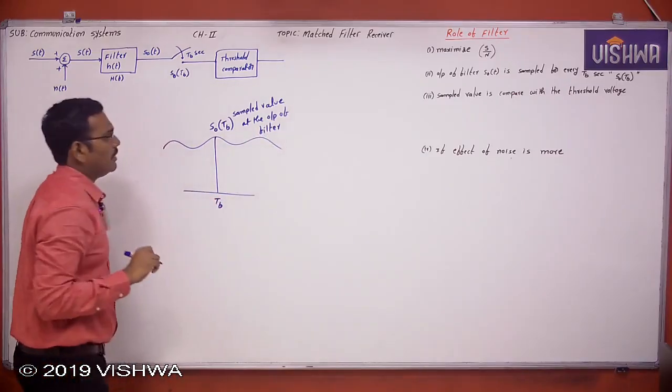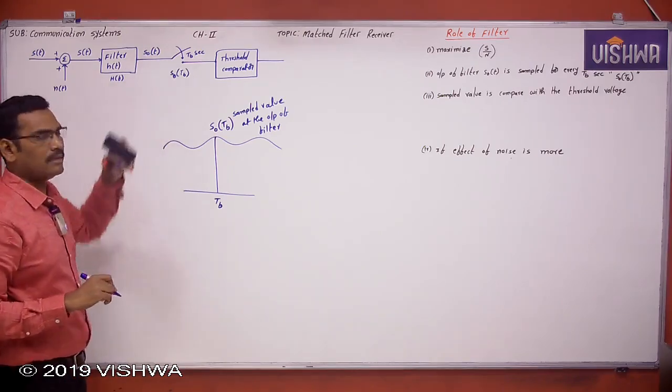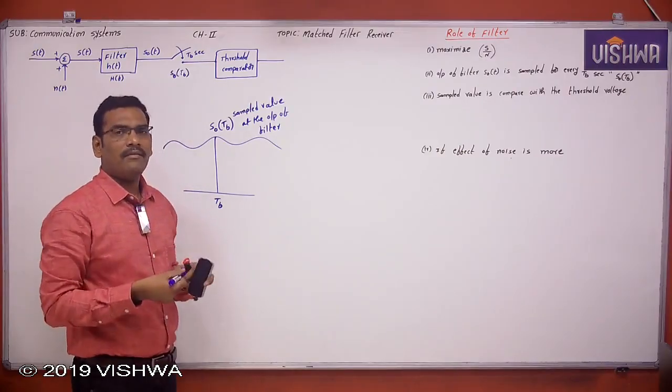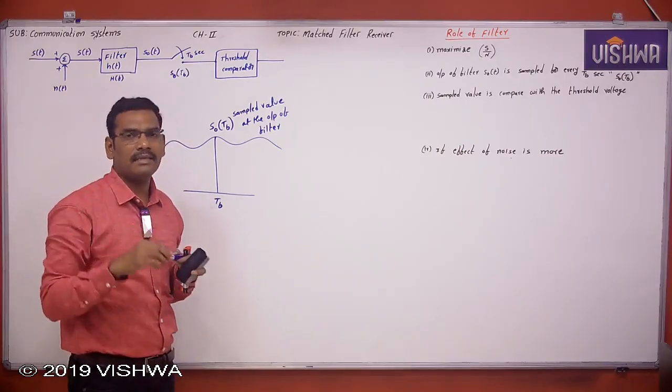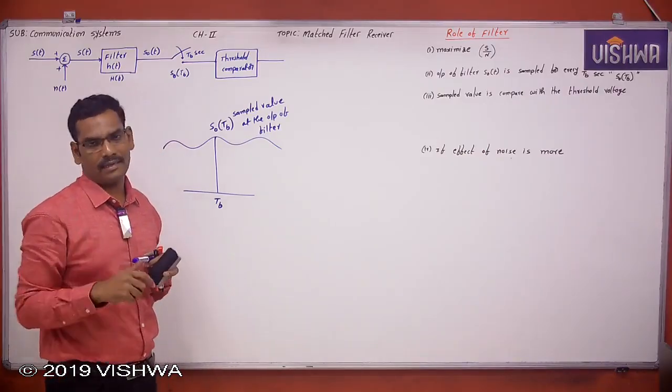Now the question is, the purpose of the filter is needed when the noise effect is more, right? It is already a noise added signal, and if the effect of noise is more, then there is a chance of getting an error.